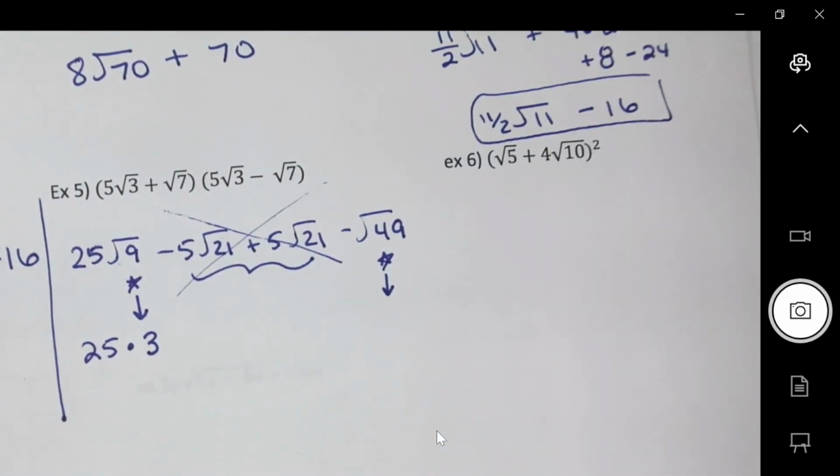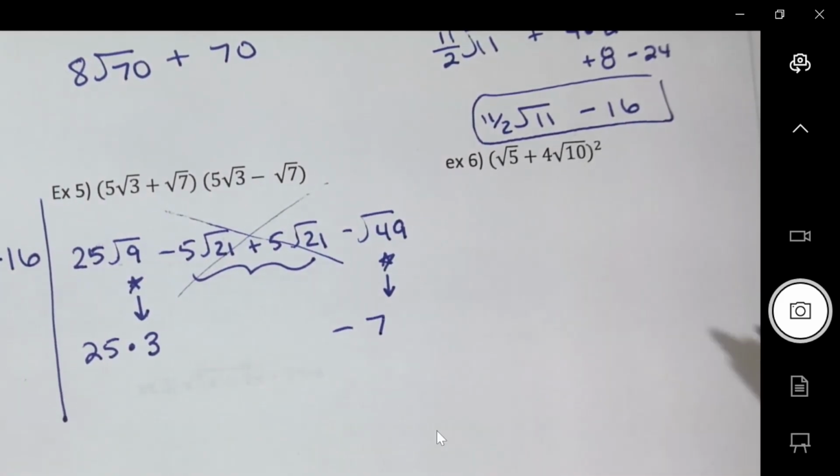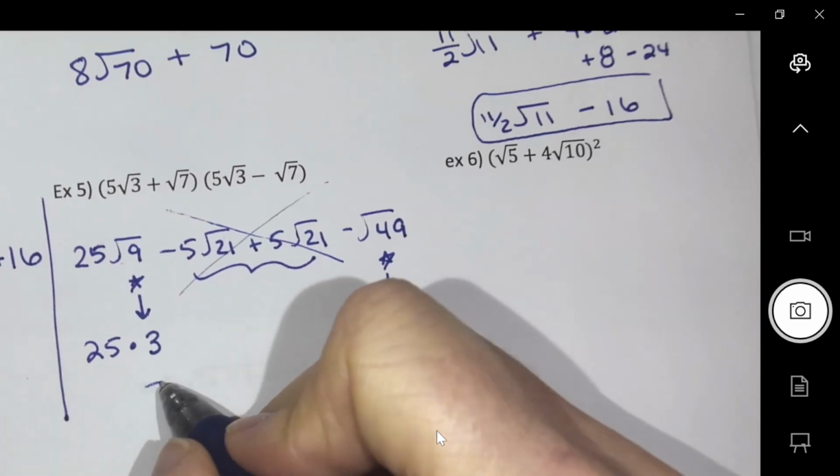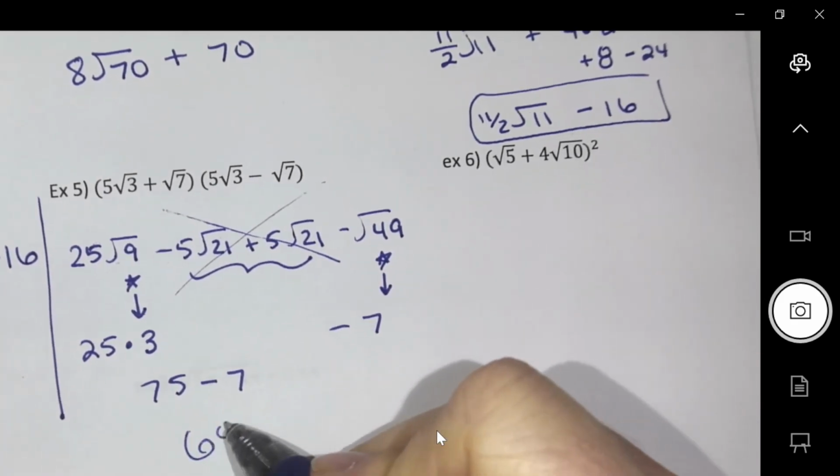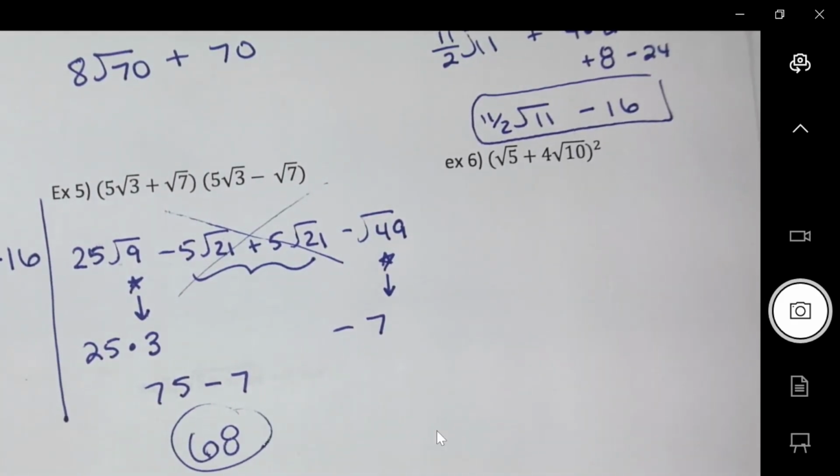And I can also change the root of 49 to be minus 7. Okay, we can do this without our calculator. 75 minus 7 is, oh, look at your mental math. Good job. 68.